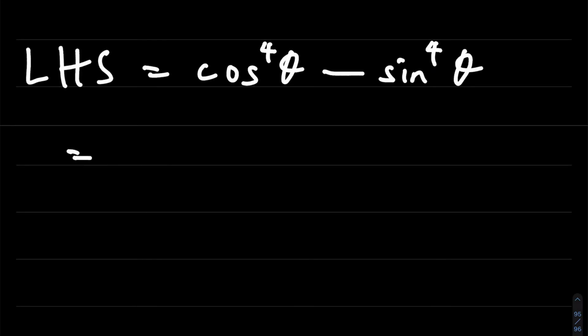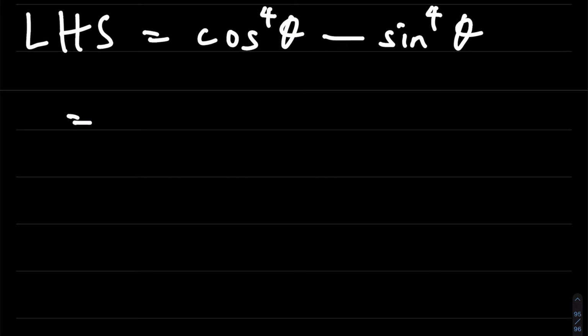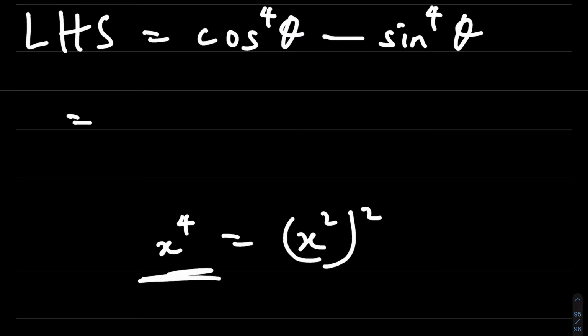Cos to the fourth power of theta can also be written as a square. For example, x raised to the power 4 is also a square, but in this case it is the square of a square. I can write x raised to the power 4 as the square of x squared.